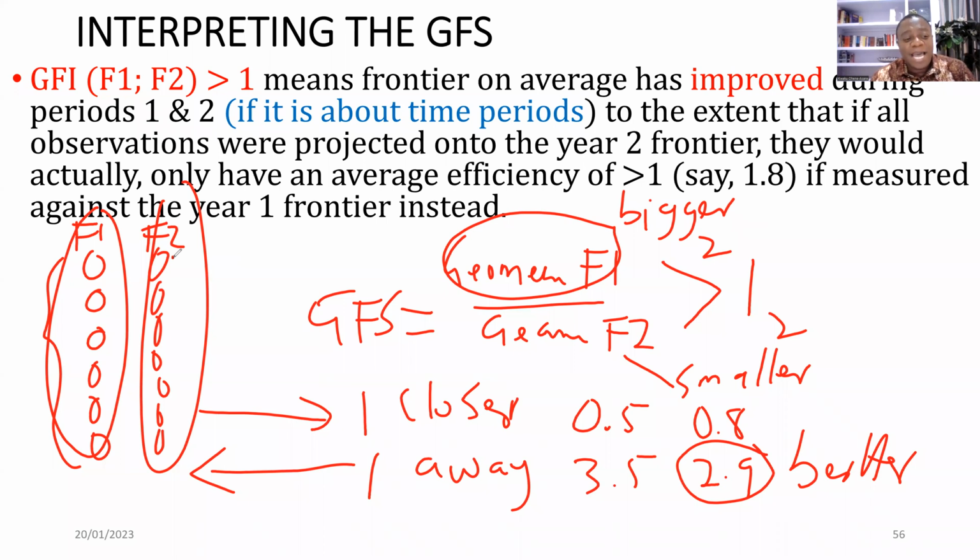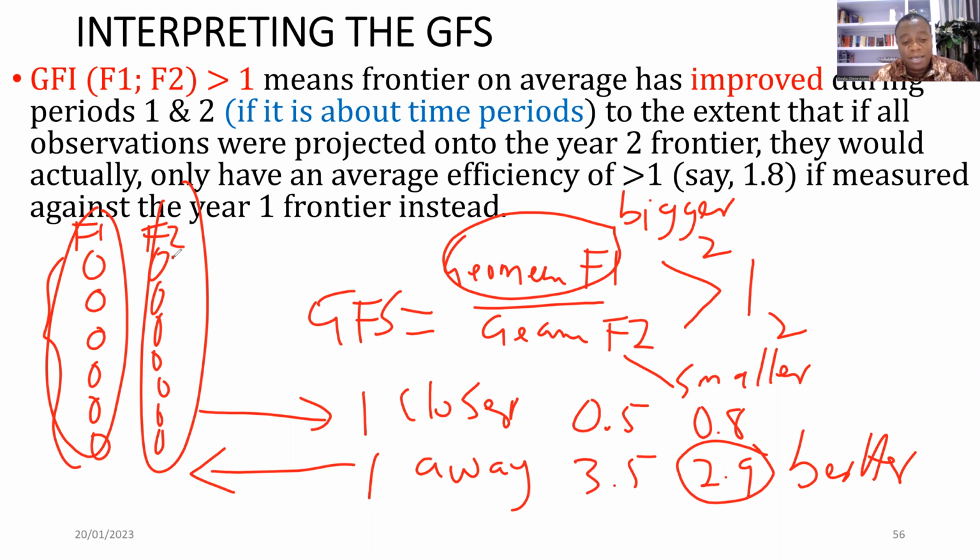And then I take the geometric mean, because I need one score for all of the foreign firms. I take the geometric mean of the local firms, and I got 0.7. Some were efficient, some inefficient, some super efficient, and I take the geo mean of them, and I got 0.7.